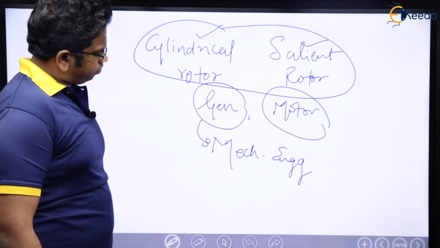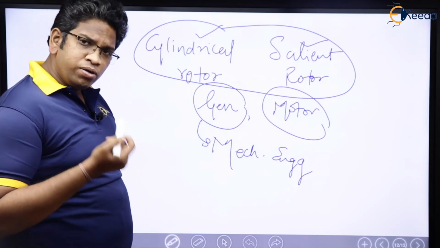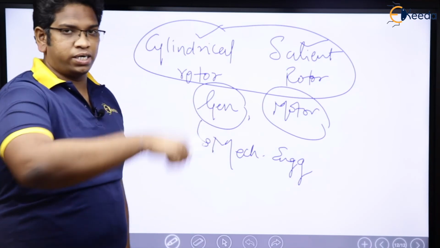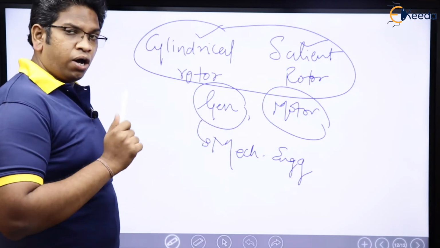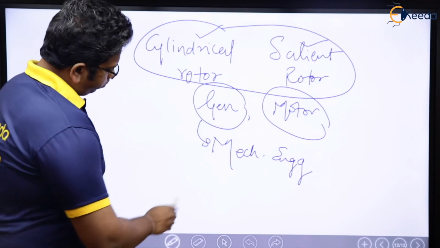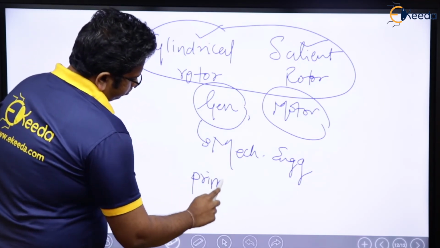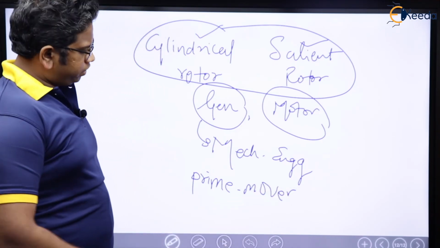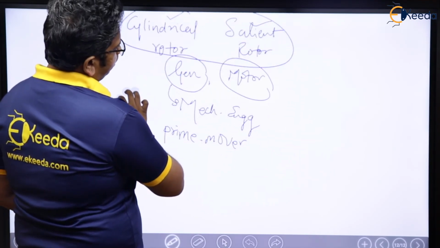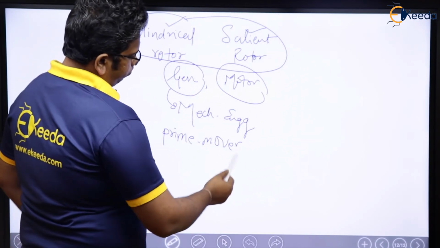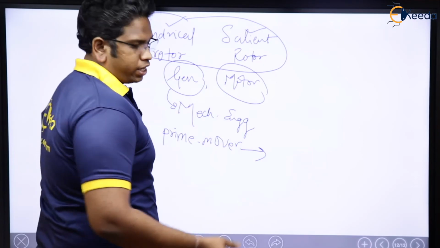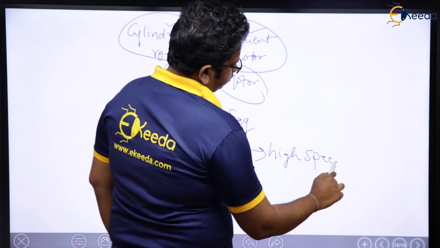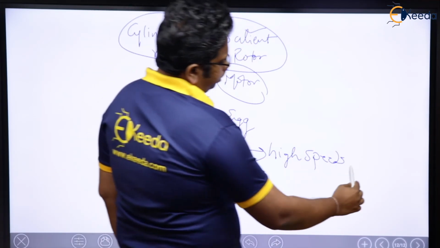Means what, sir? Very simple. In case of synchronous generator, we know that rotor has to be rotated. Now, who will rotate it? Prime mover. So prime mover will decide. If prime mover is rotating at high speeds, then I will use cylindrical rotor.